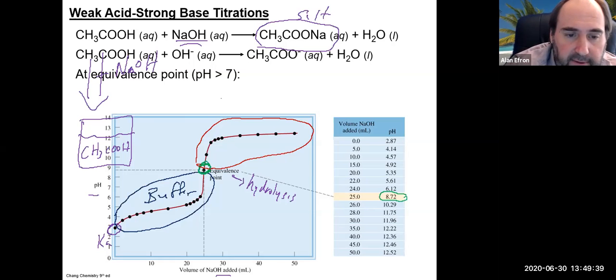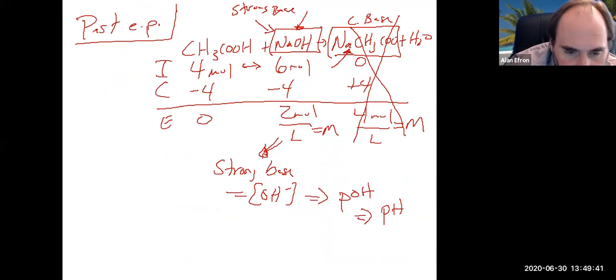Sounds sort of familiar. So I think we went through just kind of fake examples here. So why don't we try one with real numbers and give you a chance to try it.